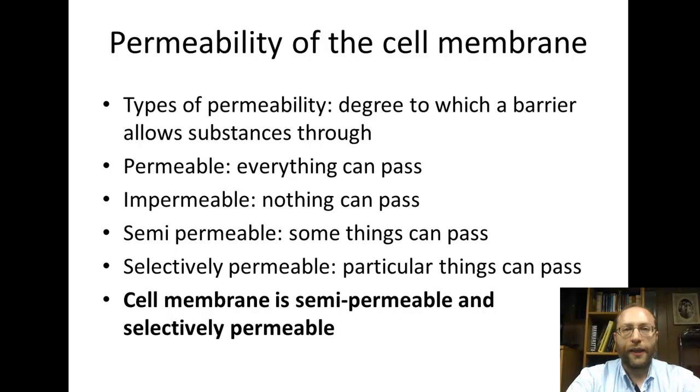And we'll be doing a state lab in the spring on permeability and also on diffusion. If something is permeable, that means that anything can pass through it. And if something is impermeable, that means that nothing can pass through it. Semi-permeable means that there are some substances that can pass through it.